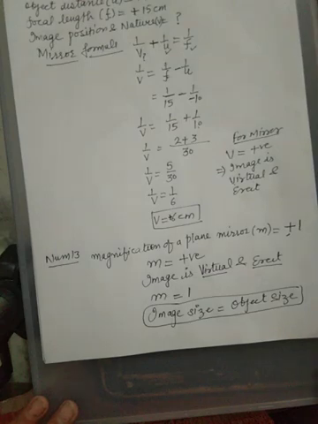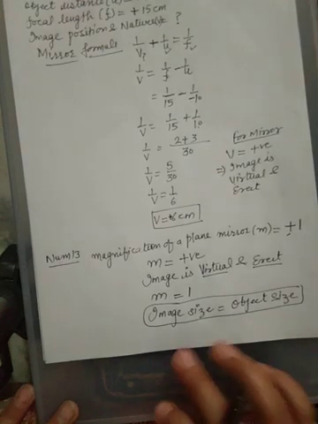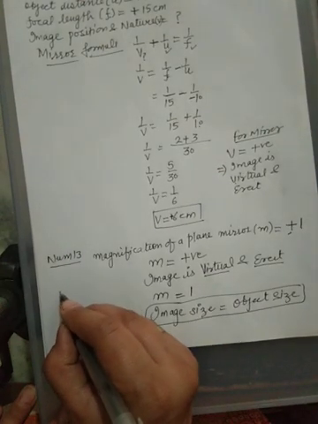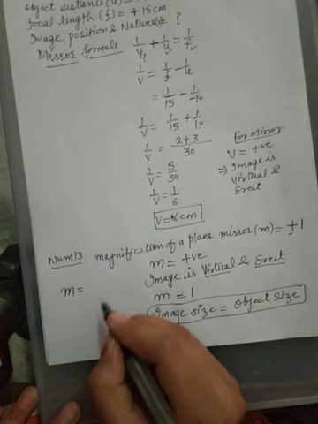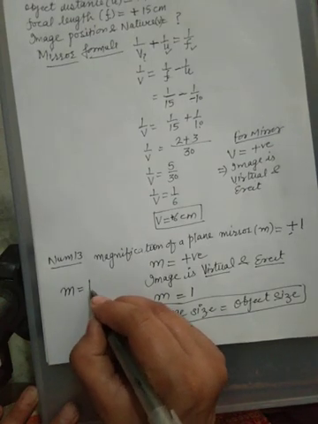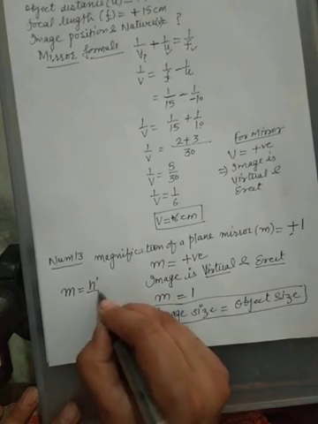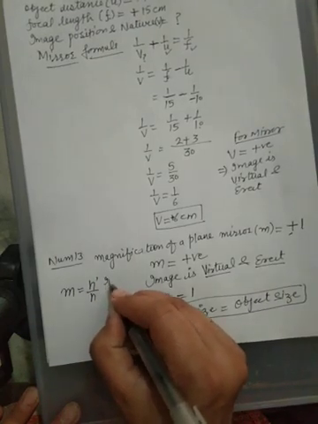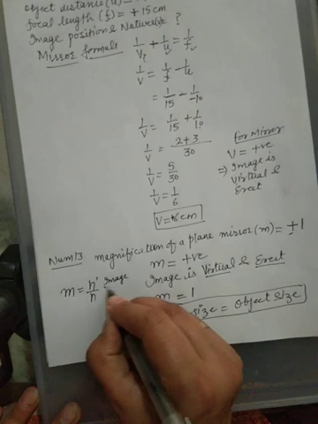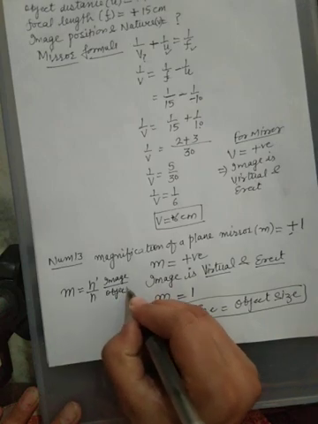Okay, so what does it indicate? Why? Because we know m is equal to height of image upon height of object, that is image height upon object height.